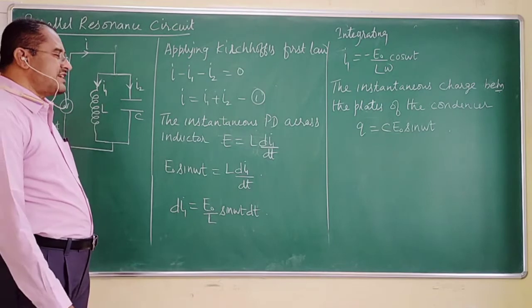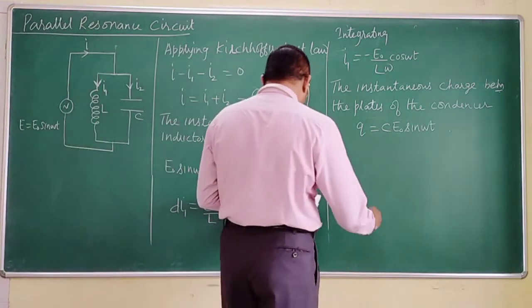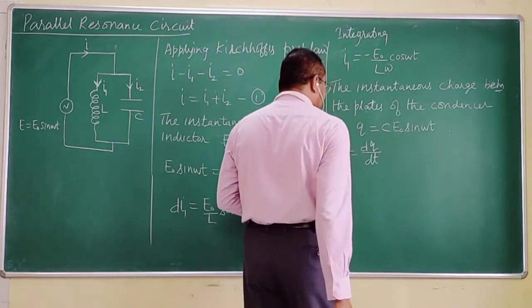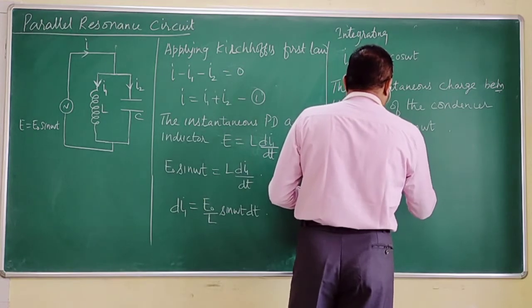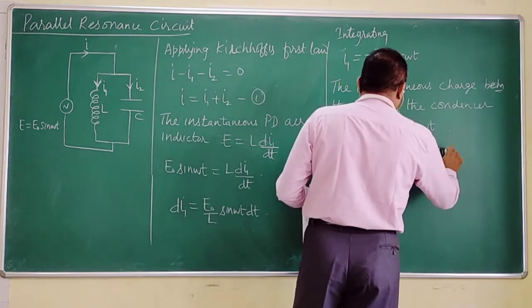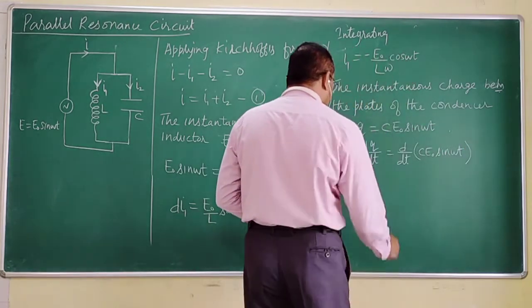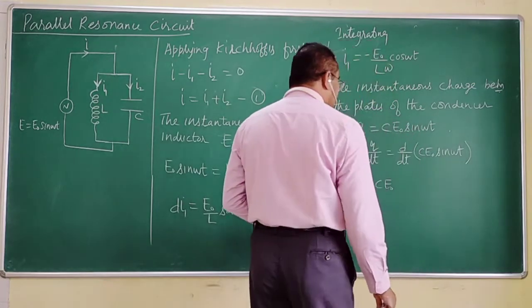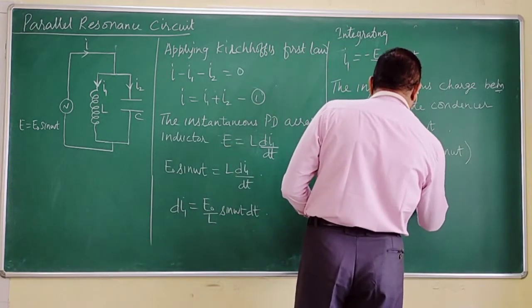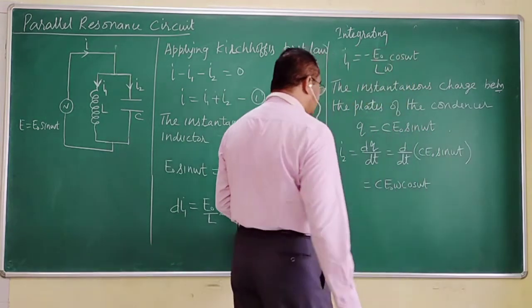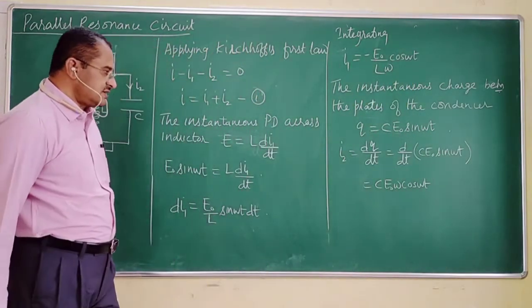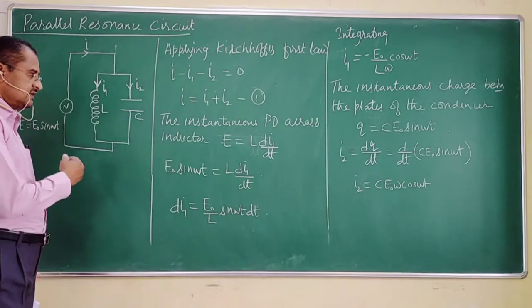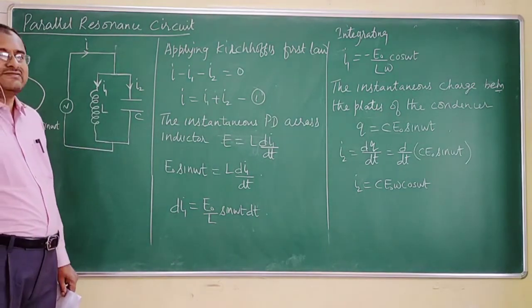From this charge, we need to find the current. Therefore, I write I2 is equal to dq by dt, that is d by dt of C E naught sin omega t. C E naught is a constant, and if you differentiate sin omega t, you get cos omega t times omega. Therefore, you end up with C omega E naught cos omega t. So you have arrived at the values of I1 and I2.